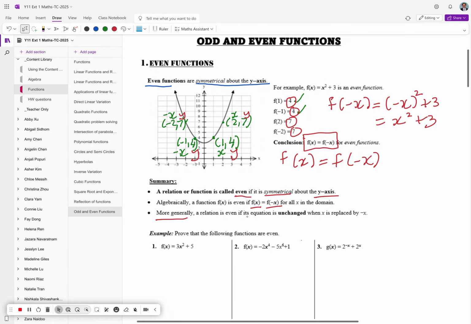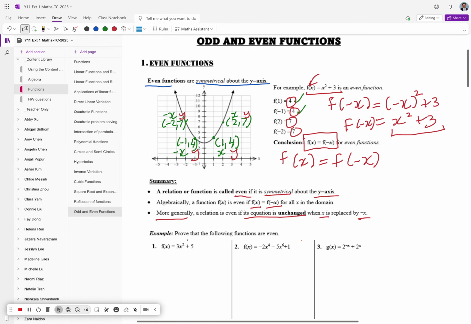More generally, its equation is unchanged when x is replaced by minus x. So you can see that here. There's my original equation. Here's my f of minus x equation, and I've still got the same expression, don't I? x squared plus 3. So replacing the x with minus x gives you the same expression for even functions.